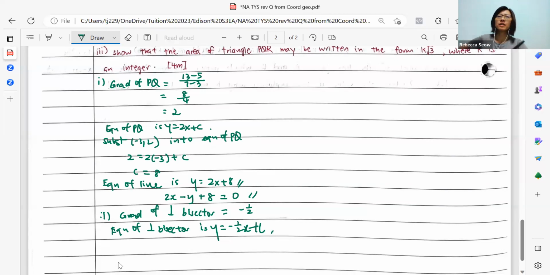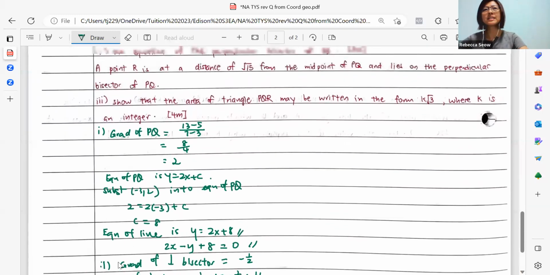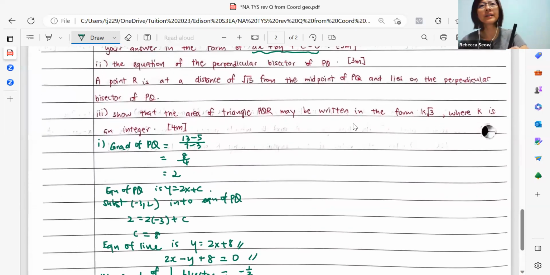Okay, so what do we sub in? Well, we want to find the equation of the perpendicular bisector. That means not just the gradient of the perpendicular bisector of PQ, we also need to sub the midpoint of PQ in there.